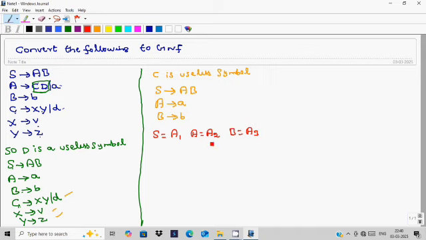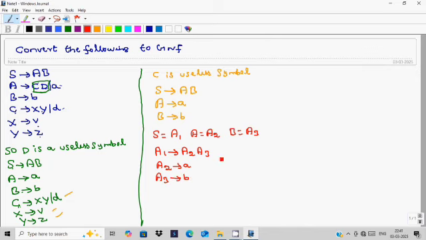After substituting these in the respective non-terminals, S is written as A1 tends to A2 A3, A is written as A2 tends to small a, and B is written as A3, and A3 tends to small b.